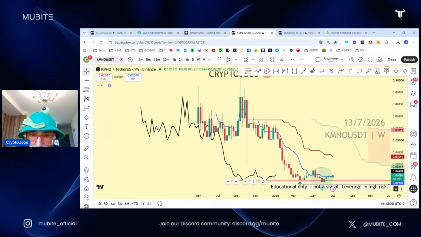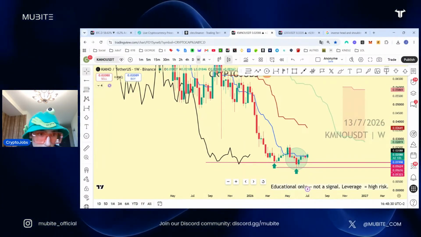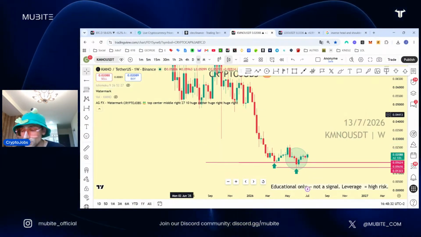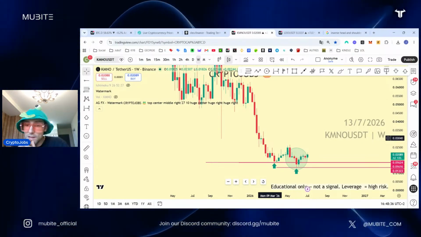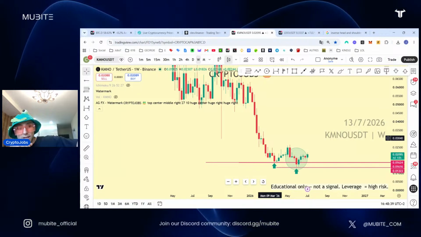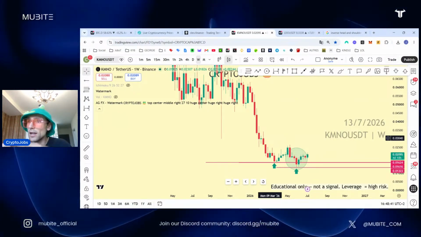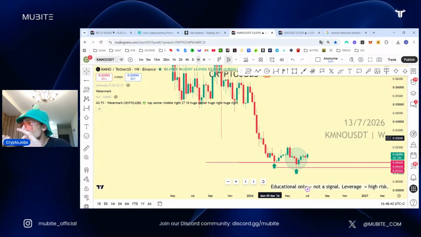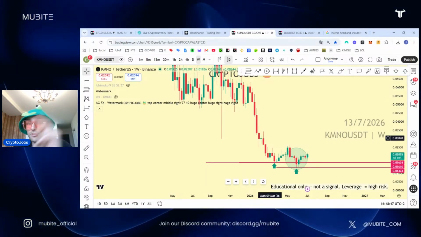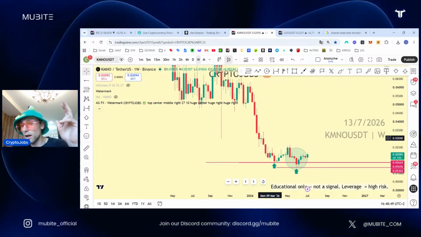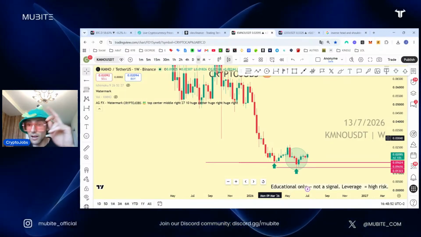Of course, if you want to invest in the long term, technically, you should not just look at the chart. But if I were you, or maybe what I will do, I will look at the website of KMNO. I will look at the team, what they are building. If the graph is good, if the metrics are good, meaning if there are users, if the tokenomics is suitable, if they are generating revenues, what are they targeting?